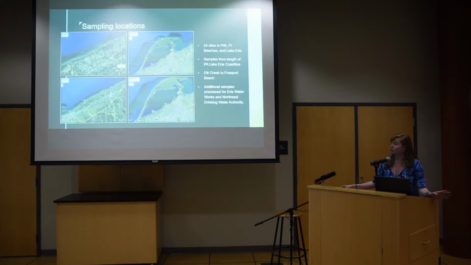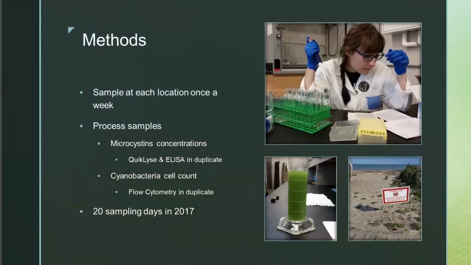We also additionally processed water samples from Erie Waterworks and Northeast Drinking Water Authority. And Erie Waterworks brought us their drinking water samples, and Northeast Drinking Water Authority brought us their samples from Eaton Reservoir, as Dr. Campbell mentioned before, and also several other of their drinking water reservoirs, as well as their raw water intake from the lake. I should mention that we didn't actually do flow cytometry on the drinking water samples.